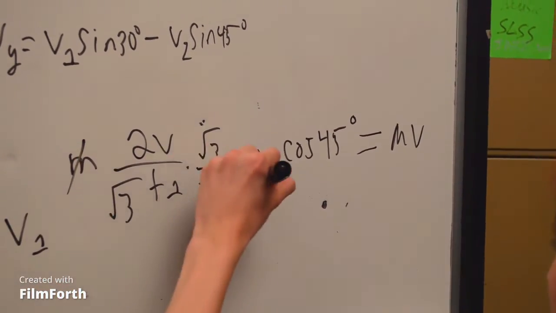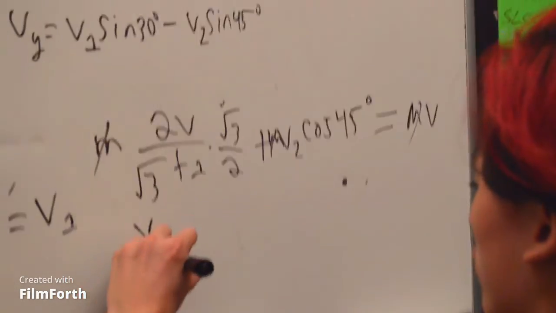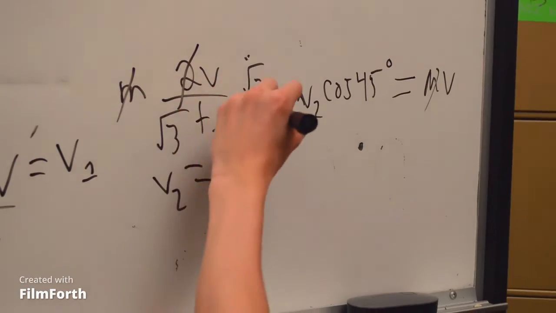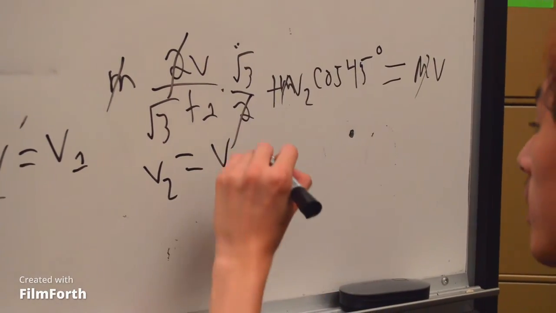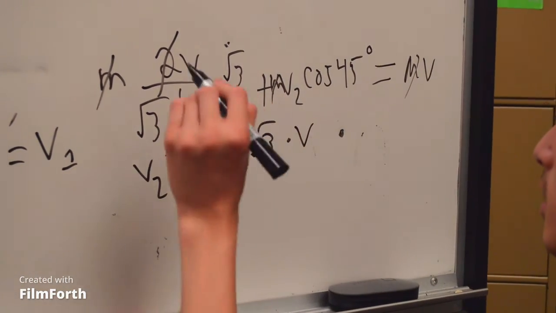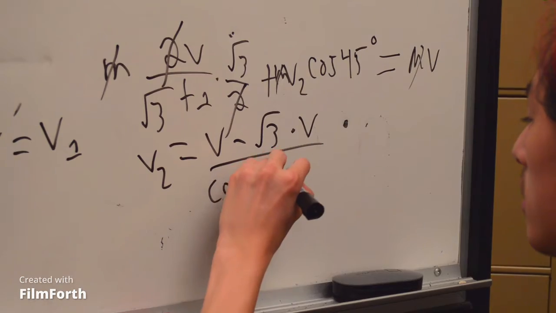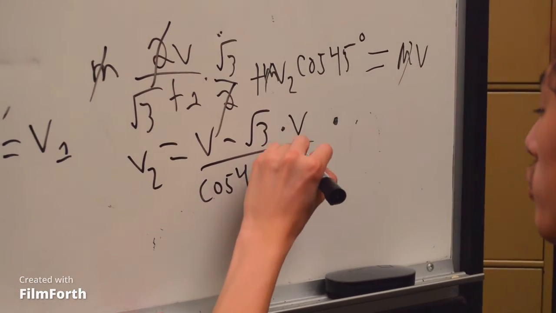Masses cancel out, and then we isolate for v2. The 2's cancel out here. Let's make this simpler: minus root 3 times the velocity divided by cosine 45 degrees multiplied by root 3 plus 1.